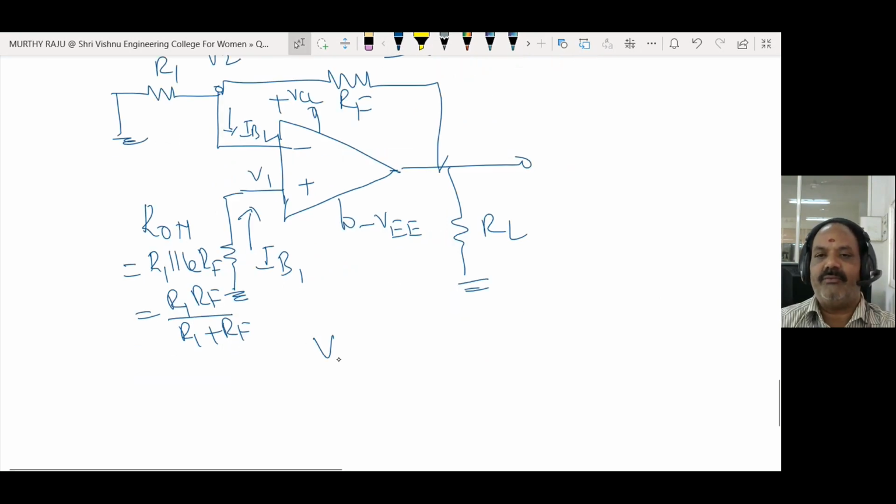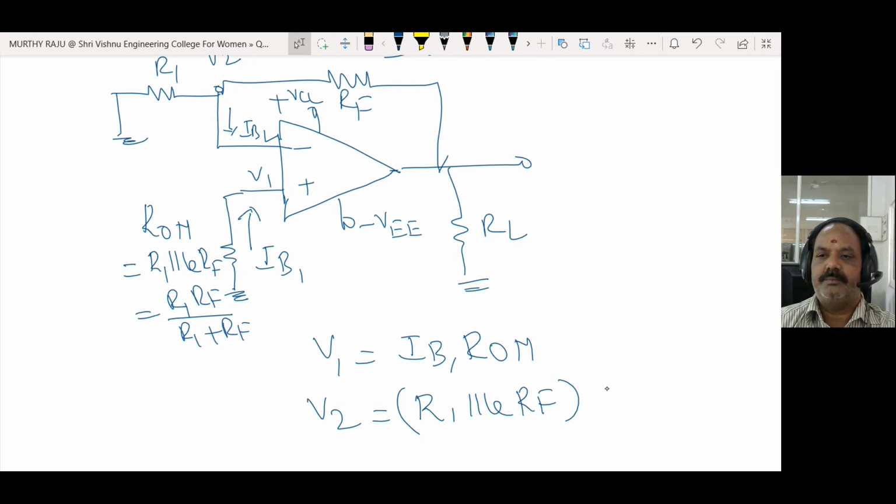From this one, V1 is equal to IB1 into ROM. We know that in the previous circuit, V2 is equal to R1 parallel with Rf into IB2.